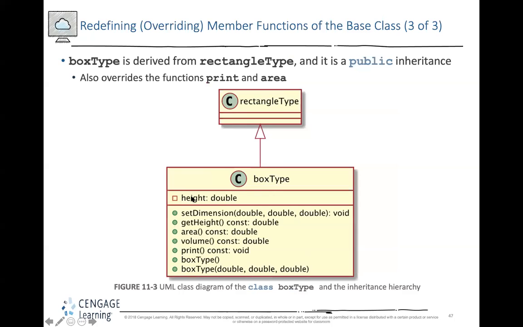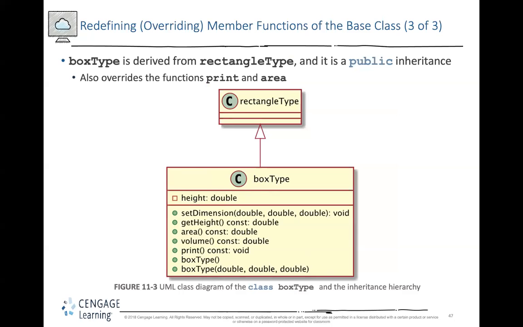And the box type, what box type means is I have one more dimension, the height. So then you have a bunch of new functions that operate with this specific box that's not available in a generic rectangle. I'm not saying it's very practical in reality; this is for demonstration purposes.